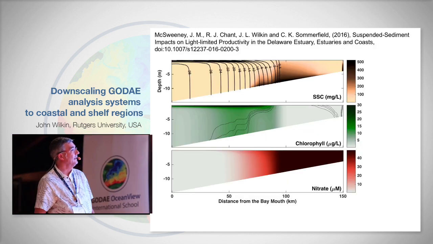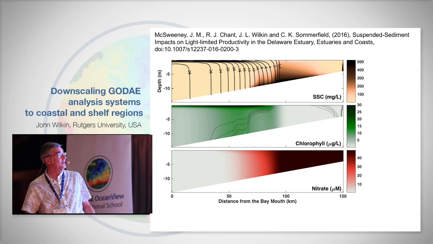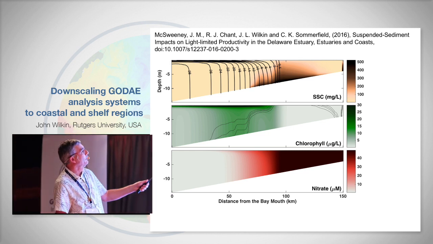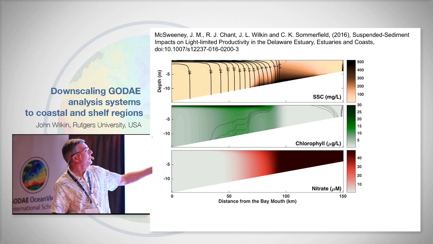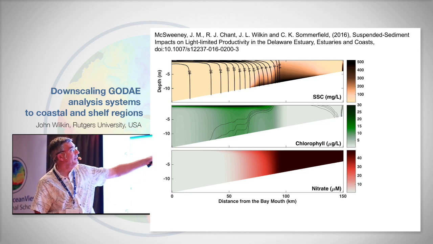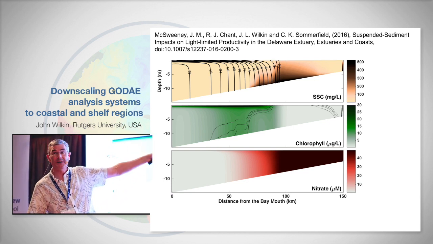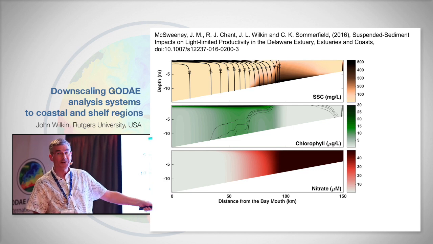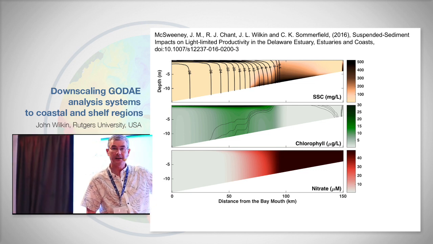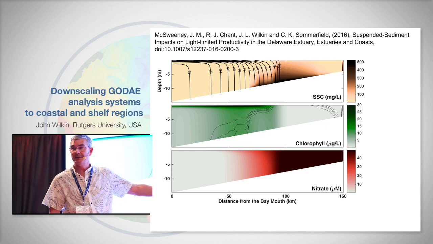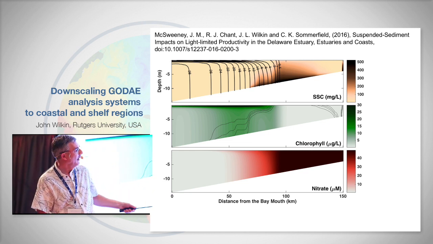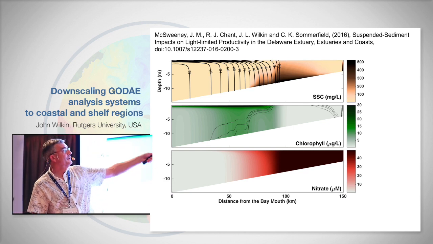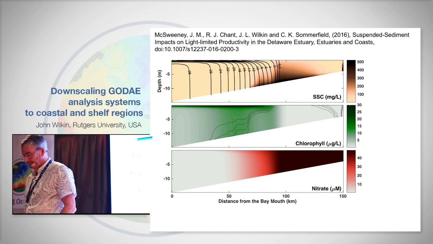So here's sort of an idealized example for a 2-dimensional estuary, somewhat like the Delaware Bay, if you know the region. The black lines here are salinity. There is a turbidity maximum here with suspended sediment. This is chlorophyll distribution, and this is nitrate. Plenty of nitrate coming in the Delaware River and out of the city of Philadelphia sewage treatment, but we don't get a chlorophyll bloom here because the suspended sediment suppresses the light.